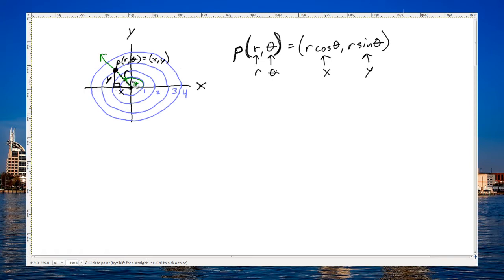And since we have this angle theta here, the opposite over the hypotenuse gets you sine for y, and the adjacent x over the hypotenuse gets you cosine for x.